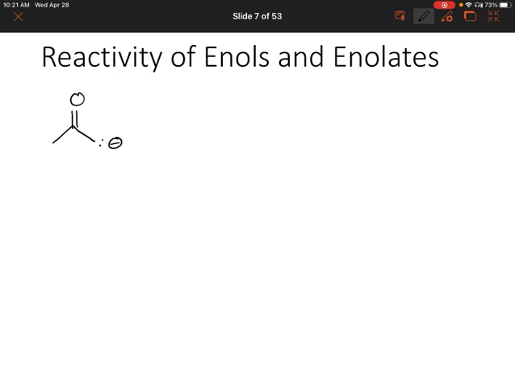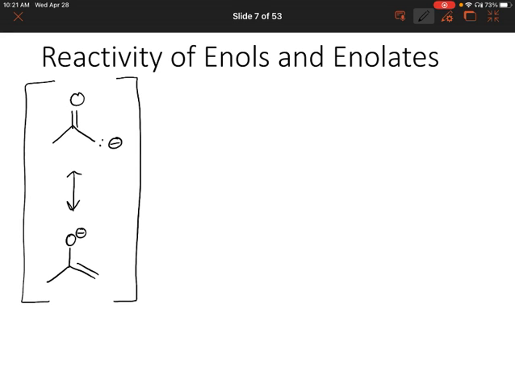So we said that the enolate could have a negative charge on the alpha carbon or on the oxygen. So that means that we could potentially add an electrophile to the carbon or to the oxygen. Because remember, nucleophiles are electron rich, electrophiles are electron poor.